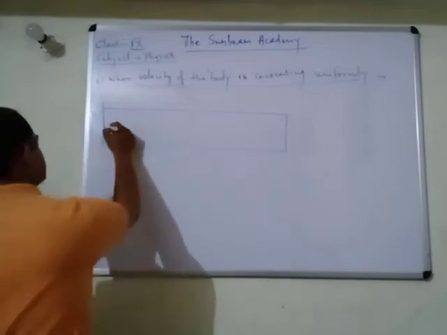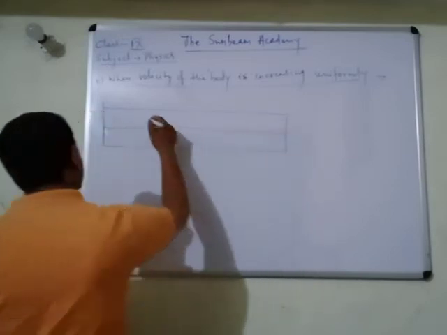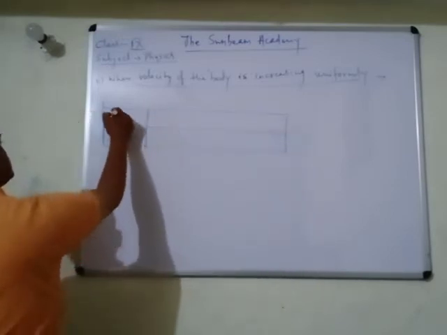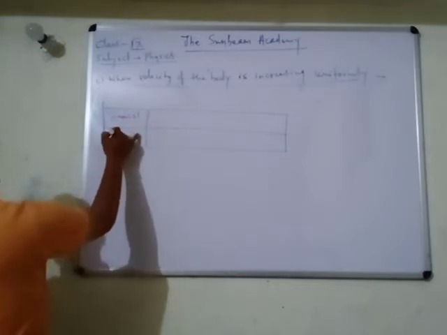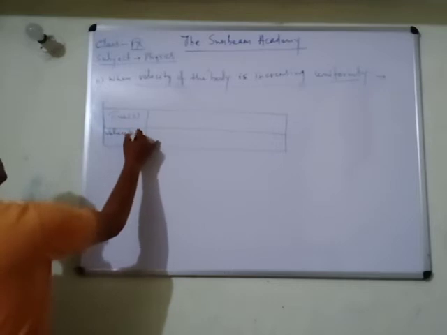We are taking the velocity of a car. Here we are taking the time, and here we are representing the velocity in meter per second.